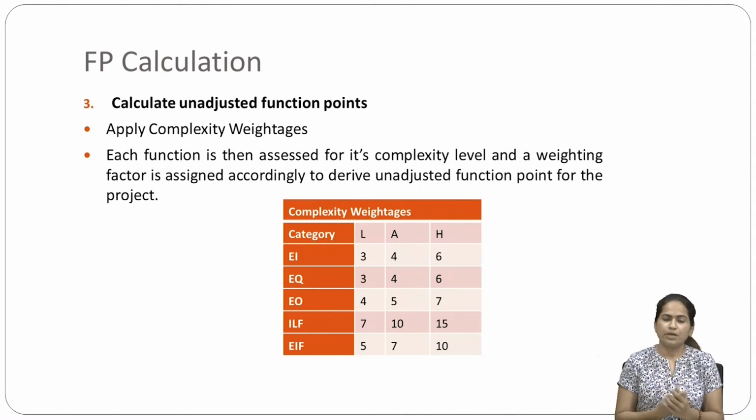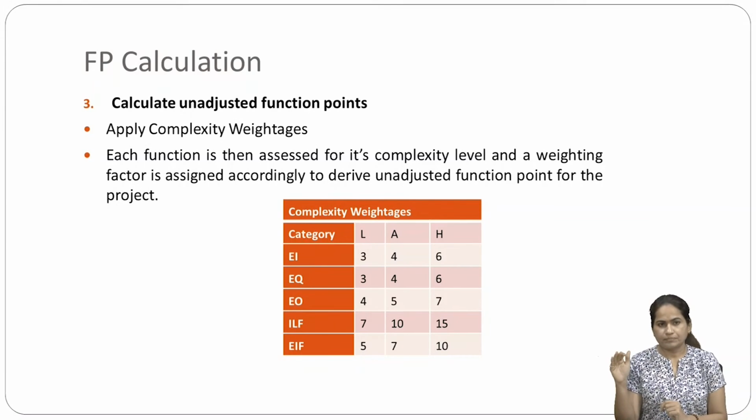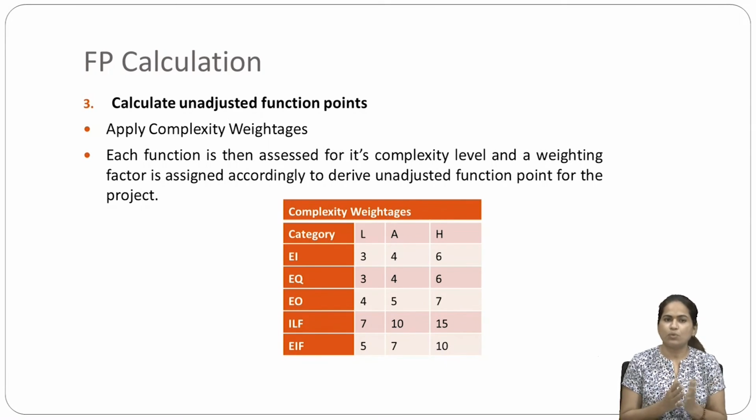Now, moving to the third point, that is calculating unadjusted function points. When we are trying to find this, we have to apply the complexity weightages based on its category. Each function is assessed for its complexity level and a weighting factor is assigned according to it to derive the unadjusted function points for the project.